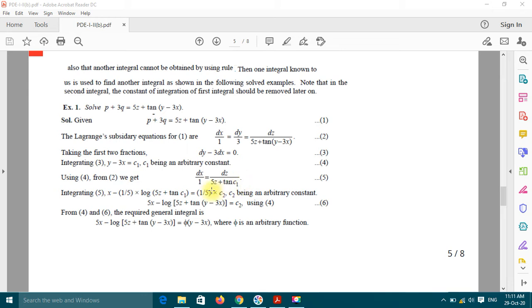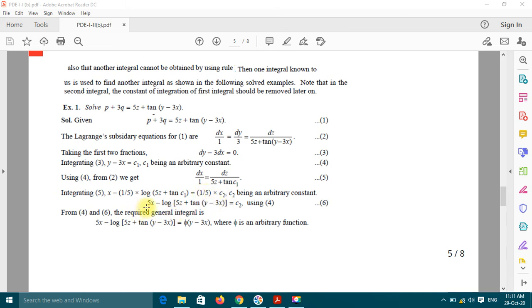Now we integrate it, then we get integral dx is equal to integral dz upon 5z plus 10 c1, plus c2. So it becomes x minus 1 by 5 log of 5z plus 10 c1 is equal to 1 by 5 into c2, where c2 is an arbitrary constant.